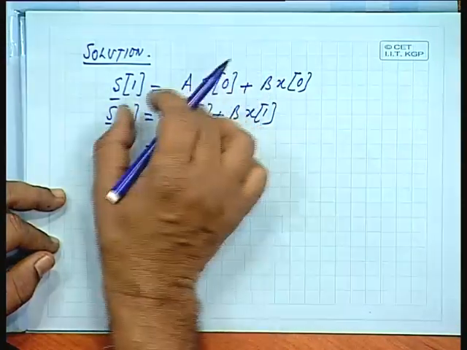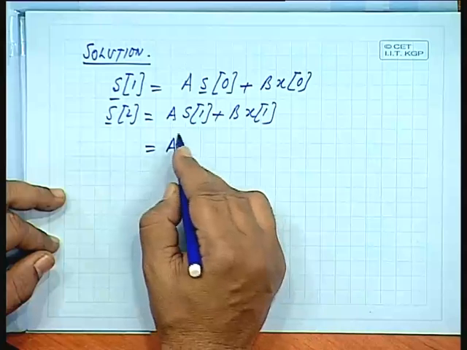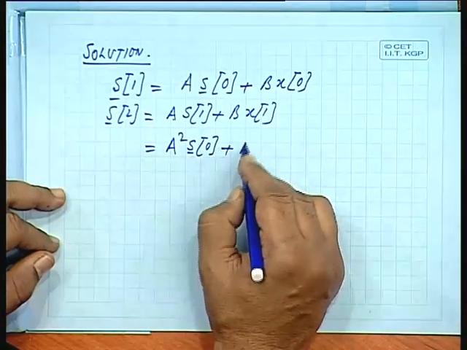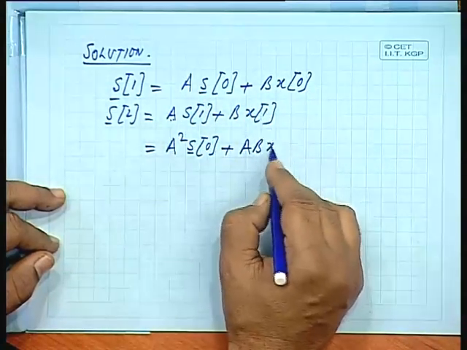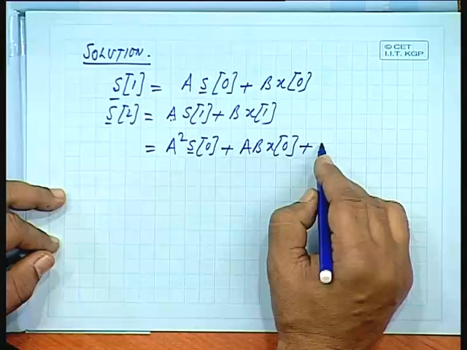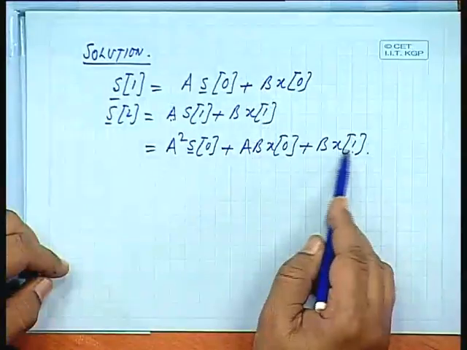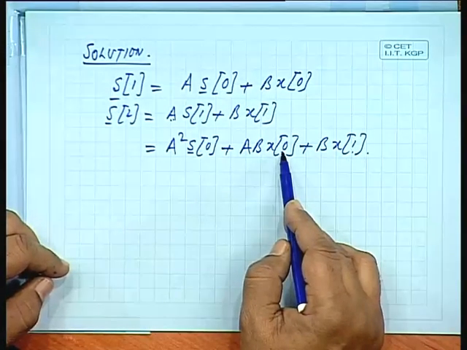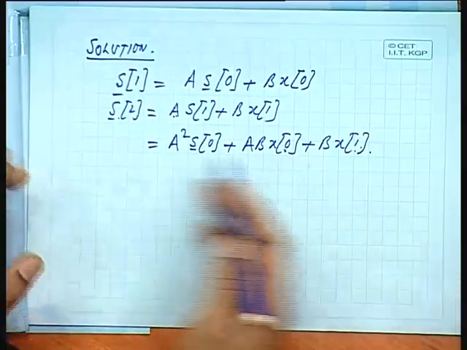If I substitute for S1 this quantity, I will get A squared S naught plus A B into X naught plus B into X1. That means the effect of the input at the previous instant will be felt even at the present instant. It will leave a trail.